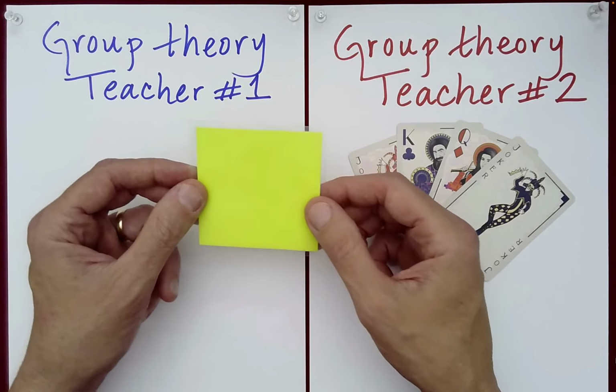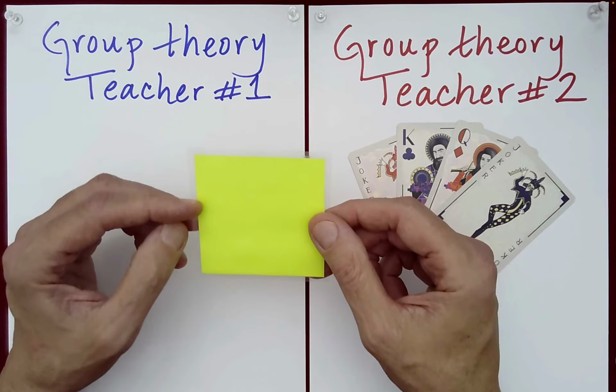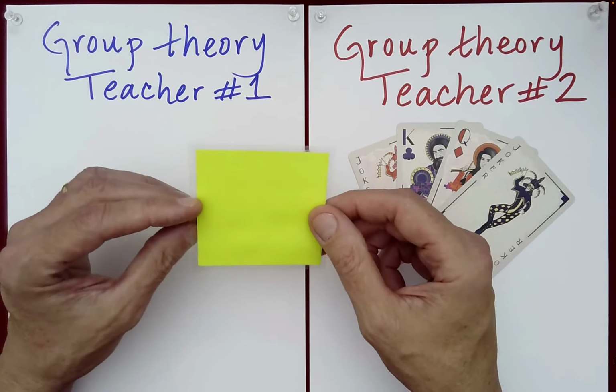What are some other ways that this square can be moved in space and stay the same? Well, you can do a horizontal flip like that. You can do a vertical flip like this. Or you can do 2 diagonal flips like this one right here. Or you can come over here and hold it with the other hand and go like that.